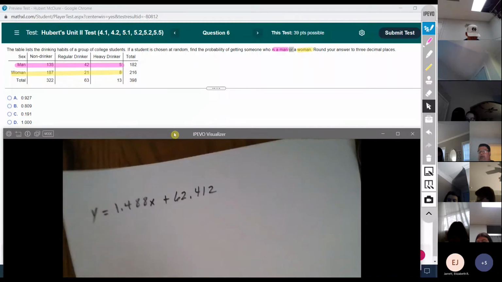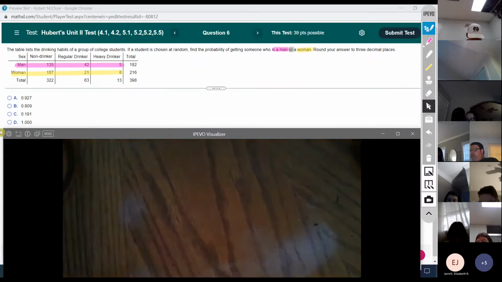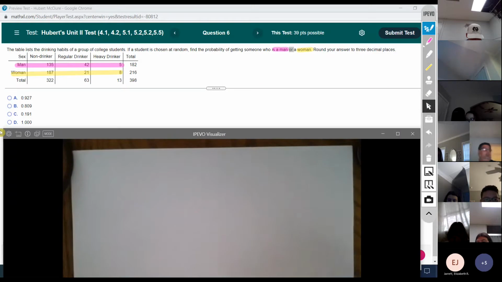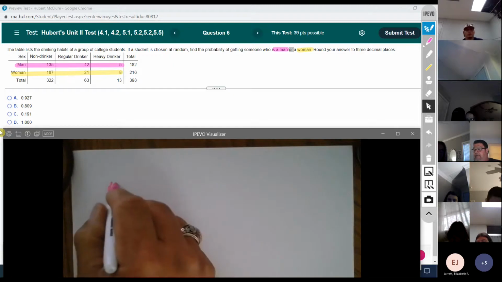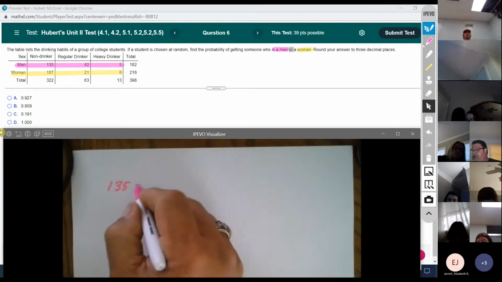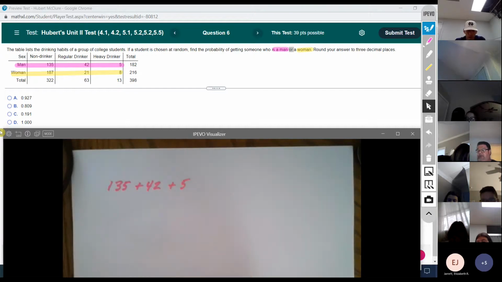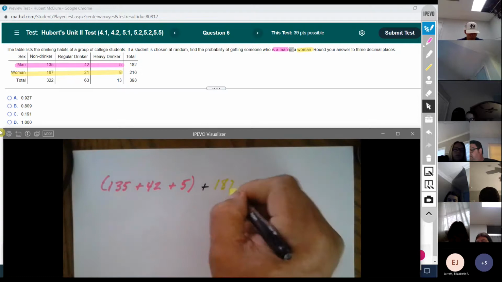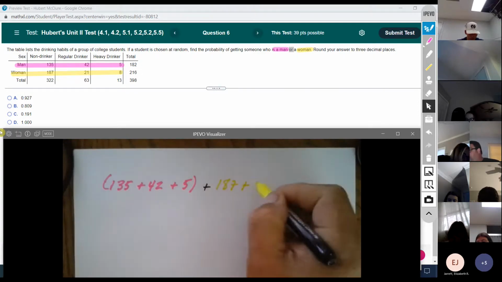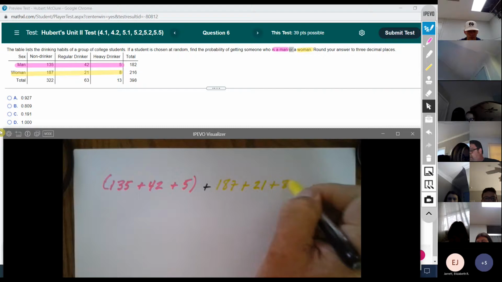All right, so we've got magenta or pink, and that's going to be 135 plus 42 plus 5. And we know that's 182. And we're going to add the yellow, which is going to be 187 plus 21 plus 8.